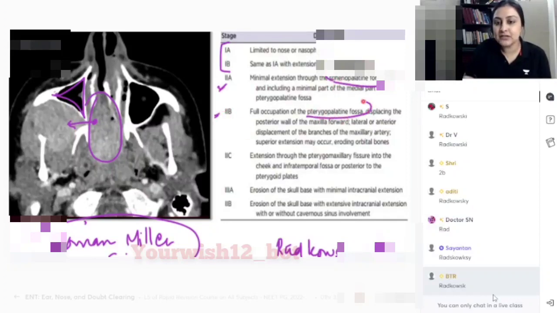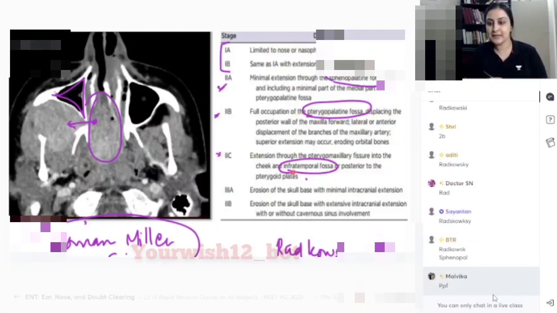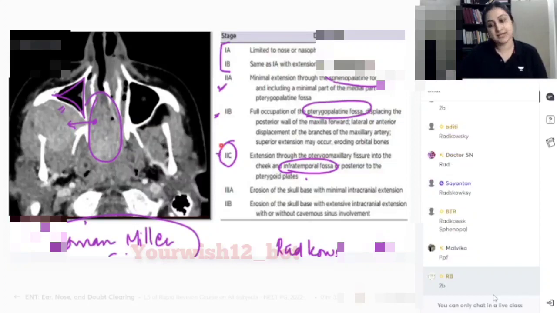The second big name we learnt, pterygopalatine. In the third, where did it go? The third name we learnt, infratemporal fossa. Now it's making sense: sphenopalatine, pterygopalatine, and then infratemporal. So can I say that the moment I see Holman-Miller sign, it is already 2C? Can I make that generalization? Yes, right, because it will come up to the PPF only.